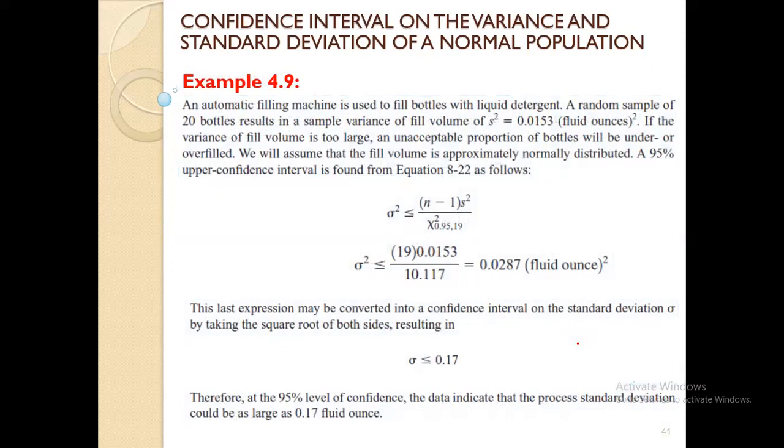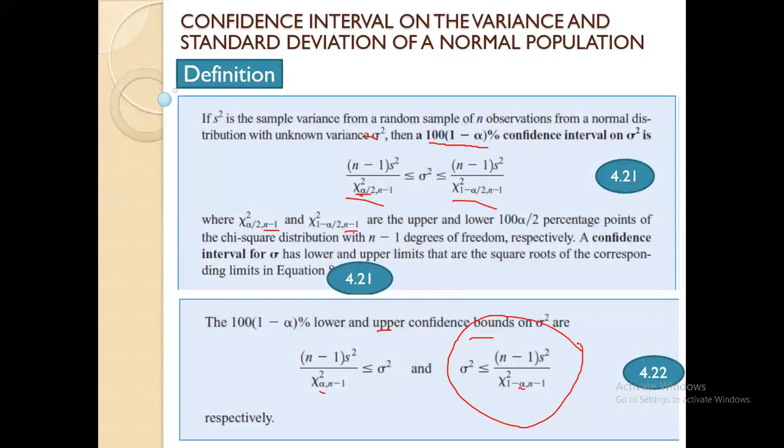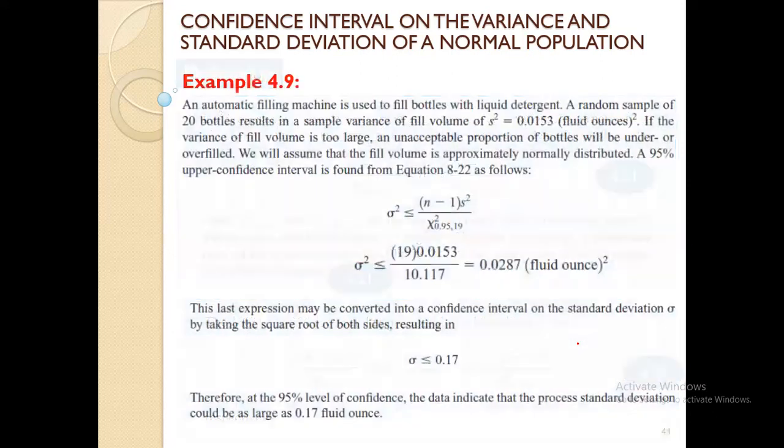Okay, we would like to determine that sigma squared, the variance, is less than or equal to n-1 times the variance of the sample, divided by the statistic of chi square at 1 minus alpha. Alpha is 0.05, 1 minus alpha is 0.95. Degree of freedom is n minus 1, which is 19.